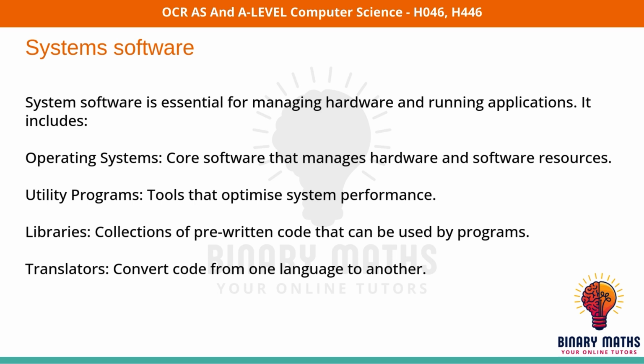These are the core software that manage hardware and software resources. Examples of operating systems include Windows, Mac OS, and Linux. They provide a user interface, manage memory, handle interrupts, and schedule processor time.